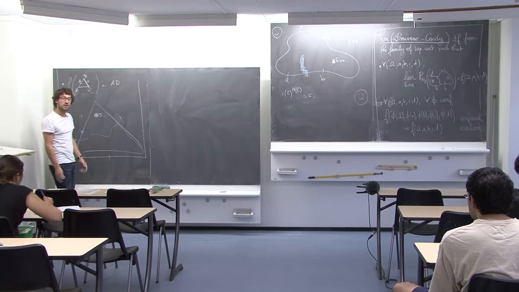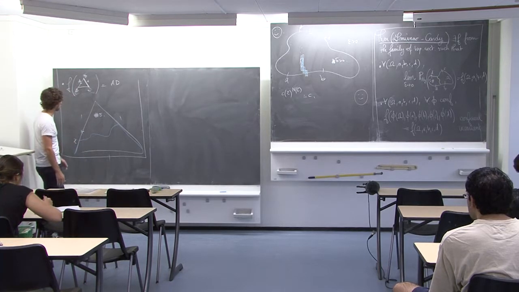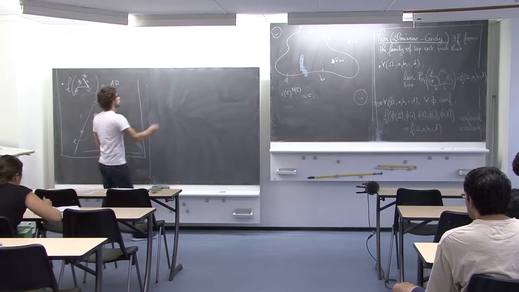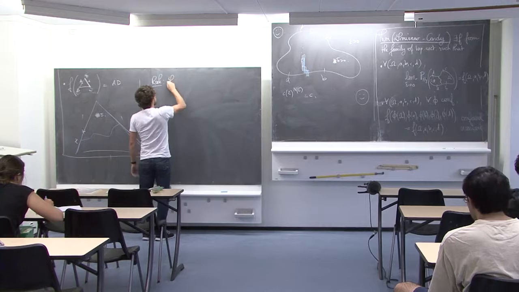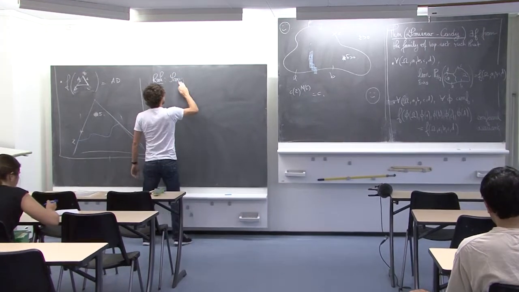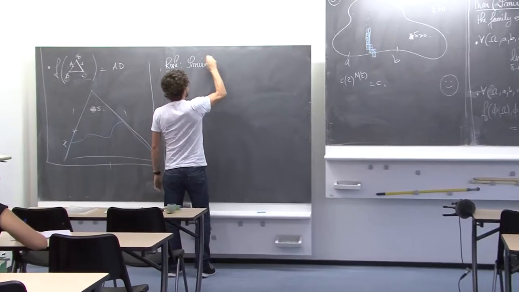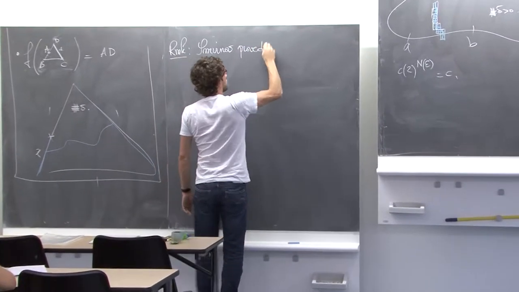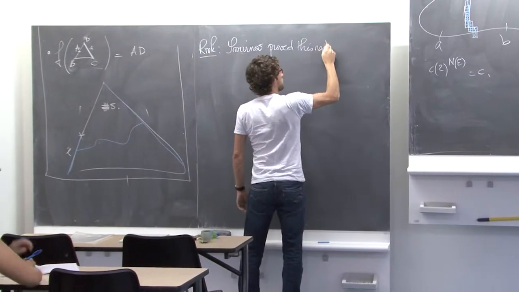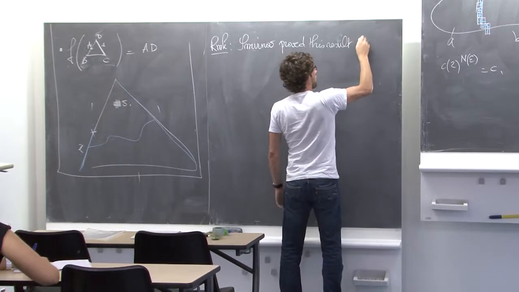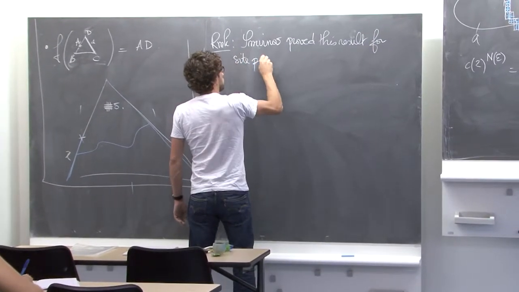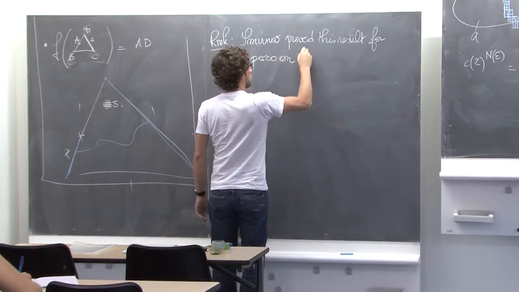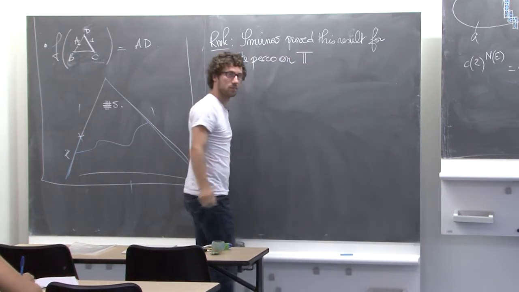So in this specific case it's clear, but in the general case it works as well. So just some remarks. In fact, Smirnov proved this result for site percolation on the triangular lattice.